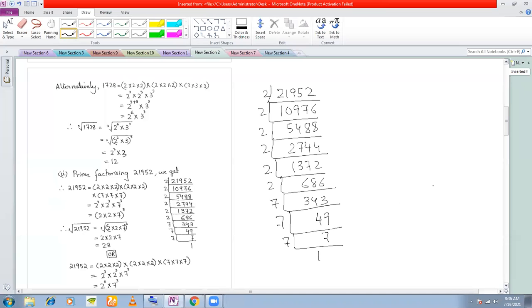Okay, so what are we getting here? 21952. Arrange them as triplets. First triplet, second triplet, and this is the third triplet. Clearly this is a perfect cube, because we can express it as a product of triplets of equal primes.